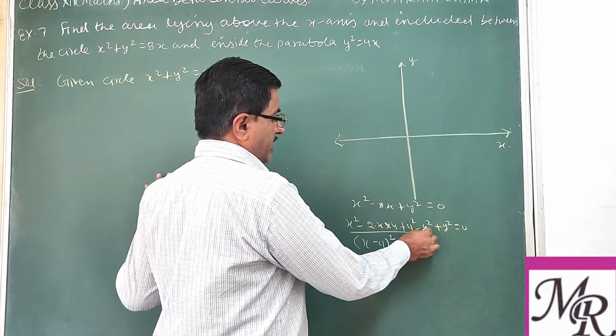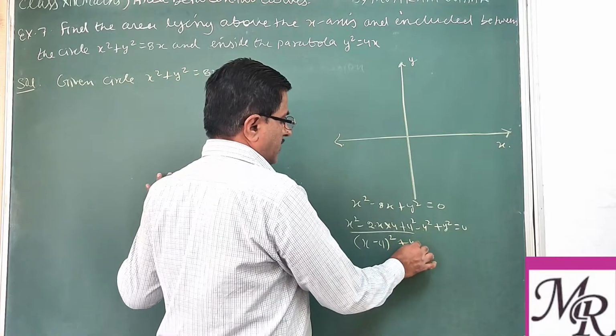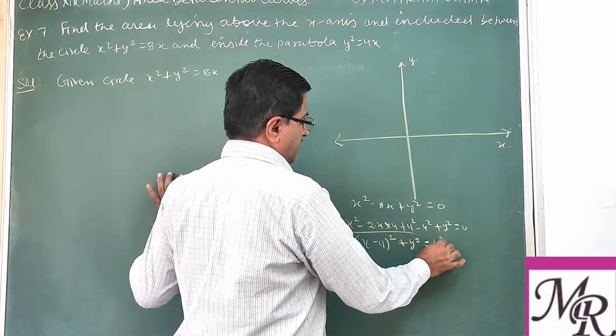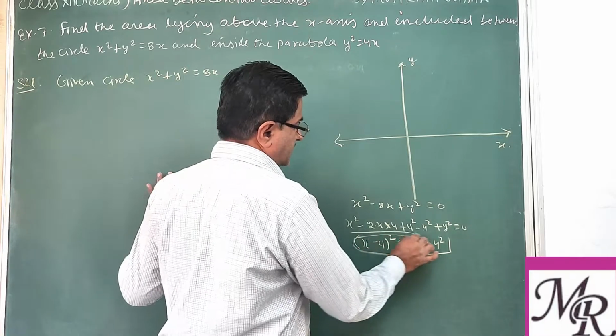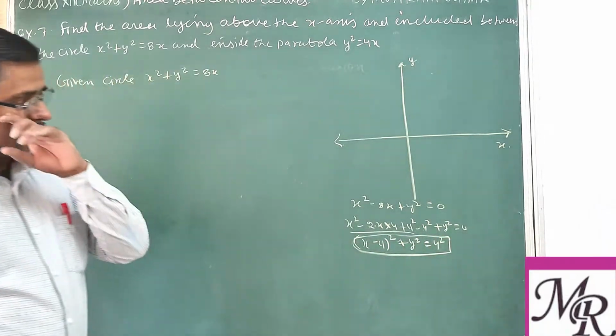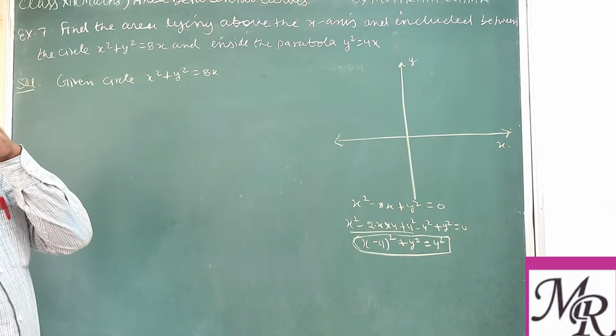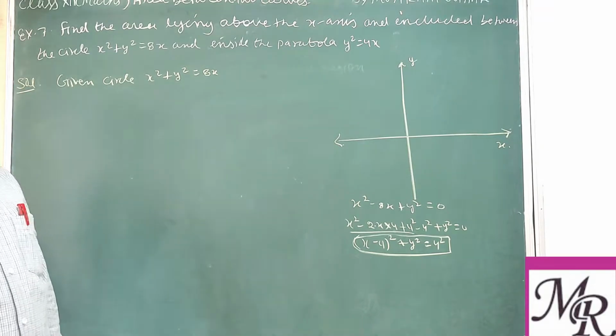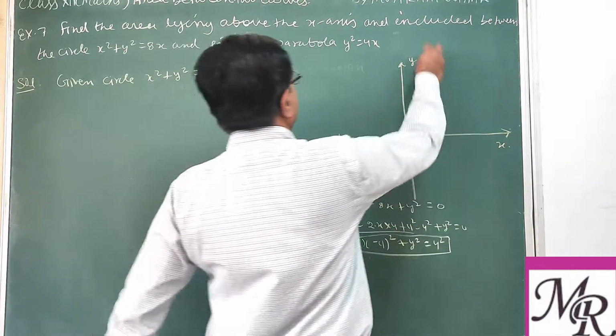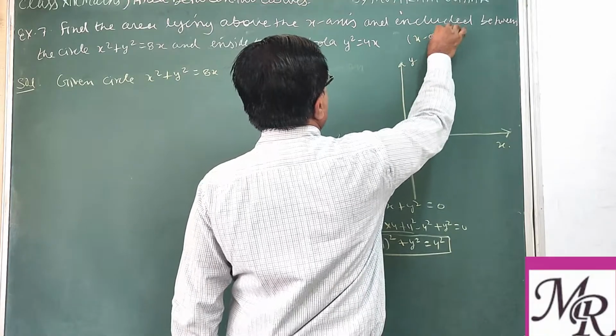So minus 16, which we transfer to the right hand side, so plus 16. So this is the circle whose center is at (4, 0), as you know from the standard equation of a circle.